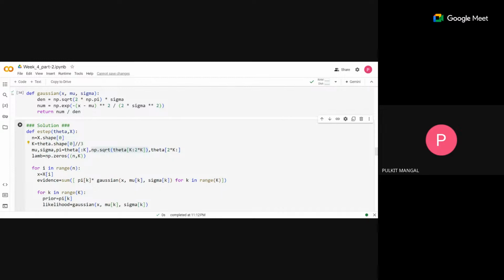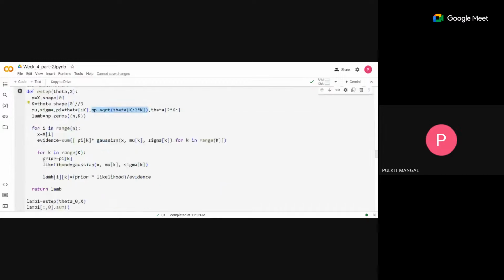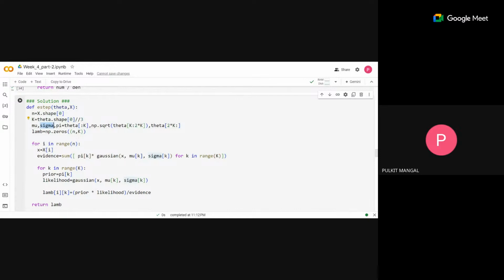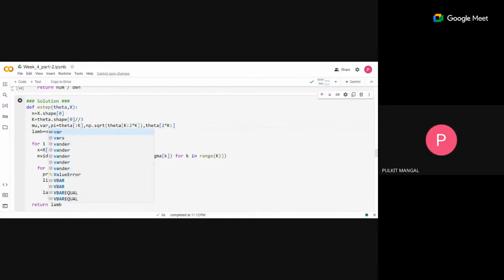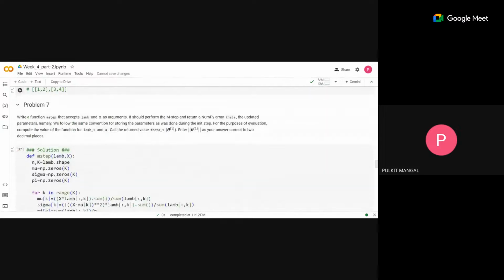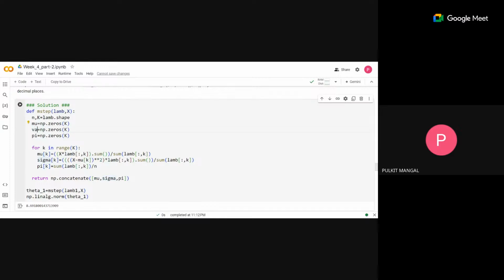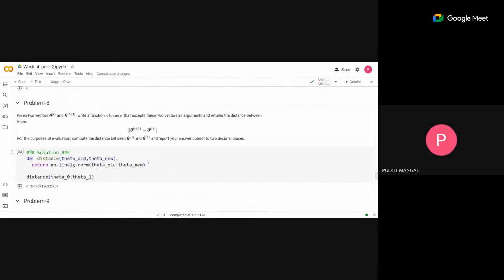Okay, then maybe just for understanding, I will name it as variance, in the M step, so that we know. Okay, this is vendor by vendor, I just changed the name. Now should I try running?